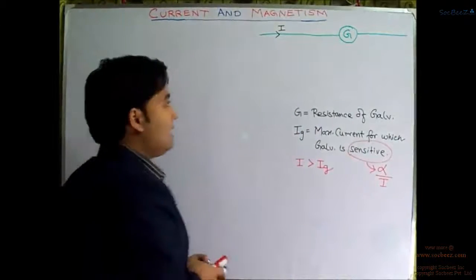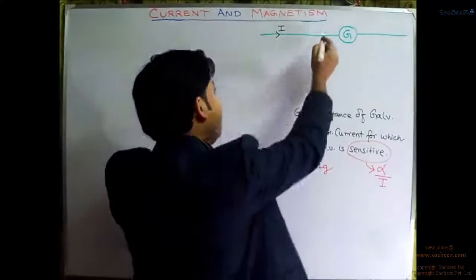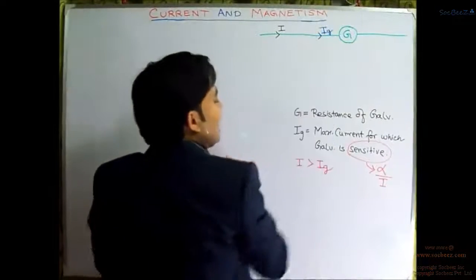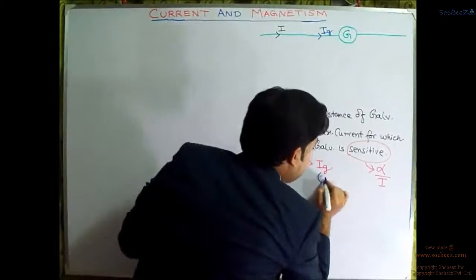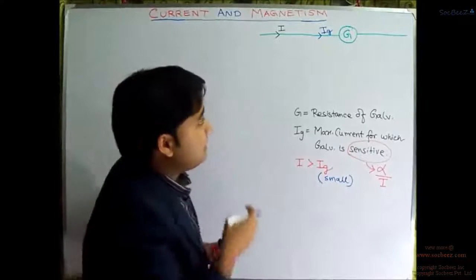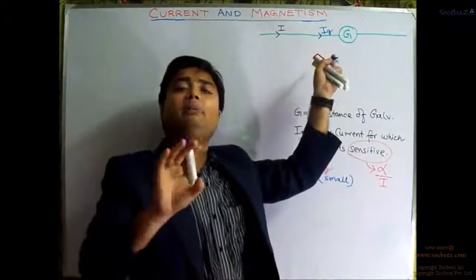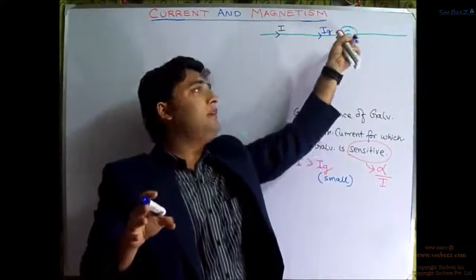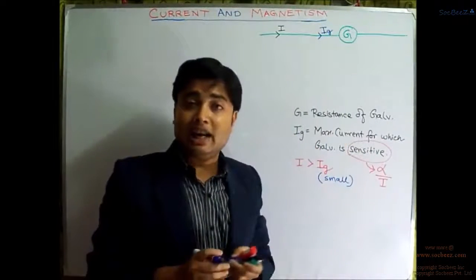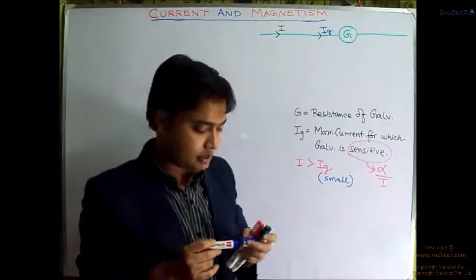Say, for example, it is said that only Ig can flow through this galvanometer. Okay, not a problem. And it is said that Ig is very, very small. If this is the scenario, we see that we are passing I, but the maximum current for which it will give a reading for the sensitivity is Ig. Then, as per the junction rule, we will make some amendments in this apparatus. How?